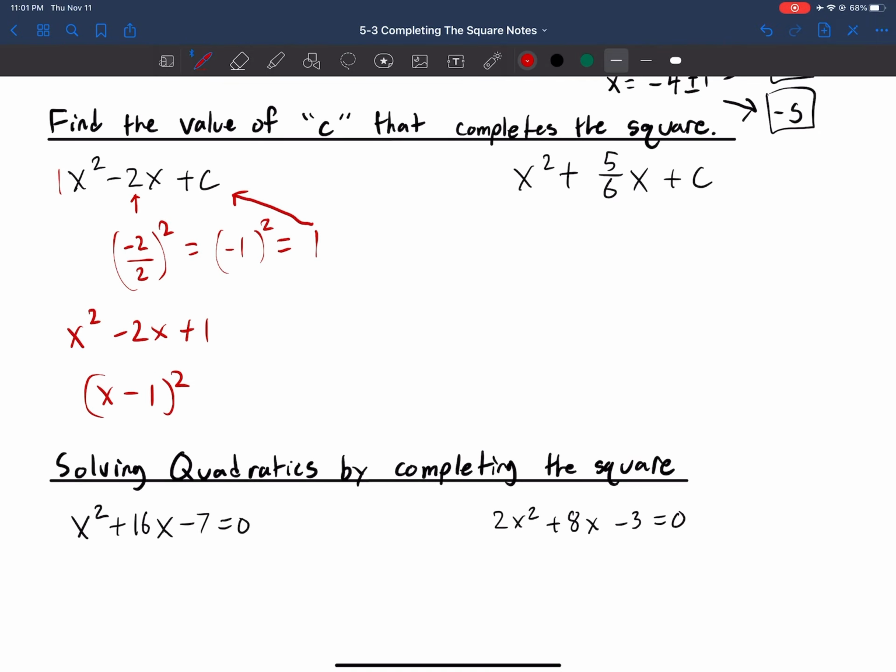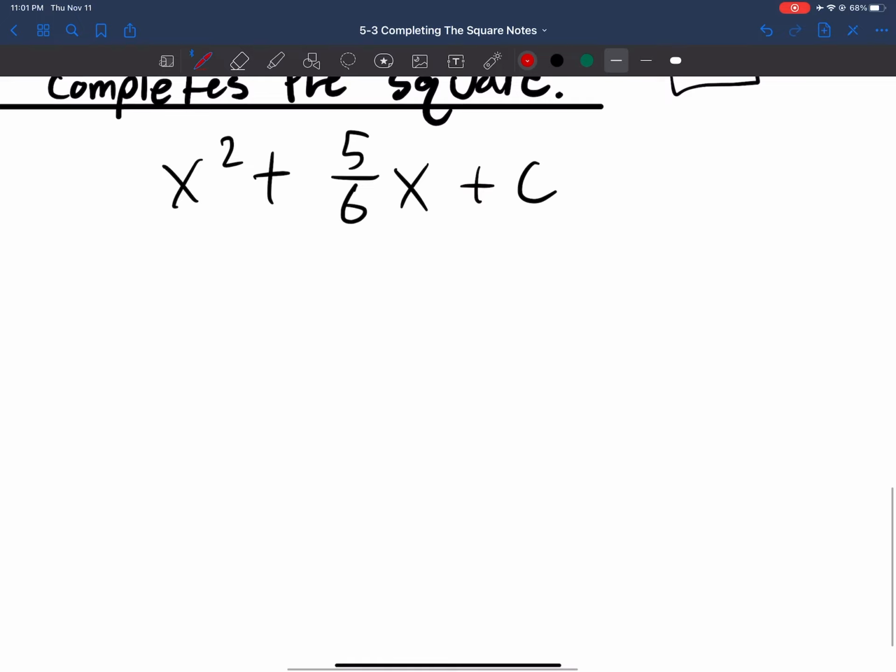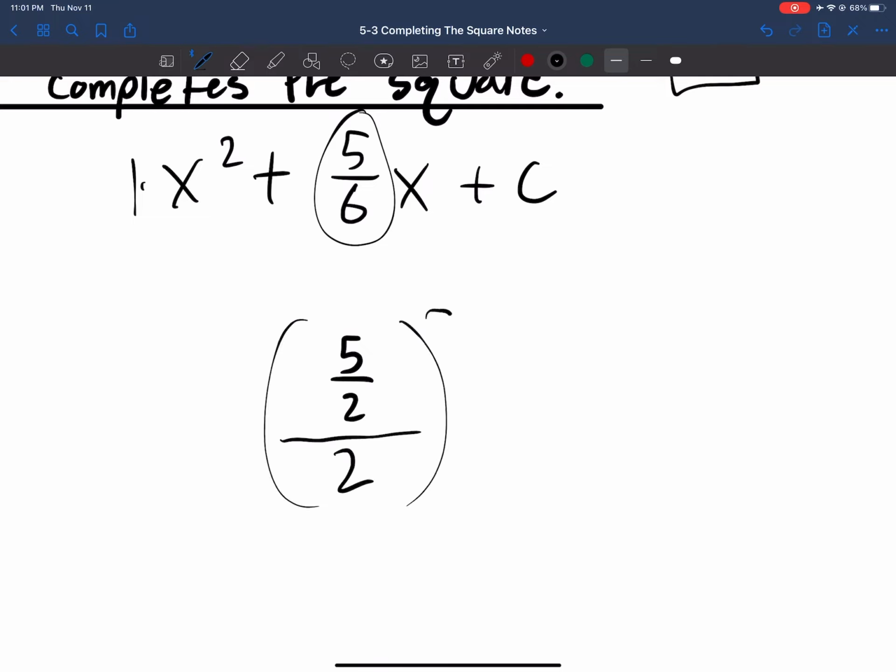All right? x squared plus 5 over 6 x plus c. Take the middle term, because a is still equal to 1. I don't have to divide everything. Take the middle term, 5 over 6. Halve it, and then square it. So 5 sixths divided by 2 is 5 twelfths, and then we square that.